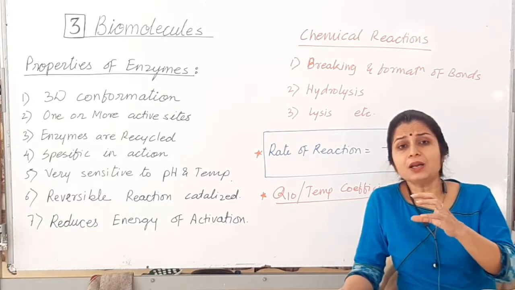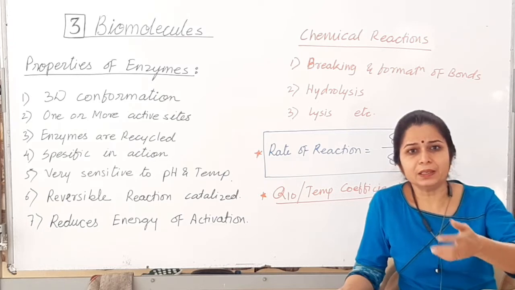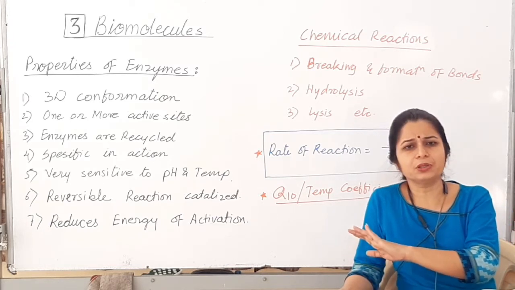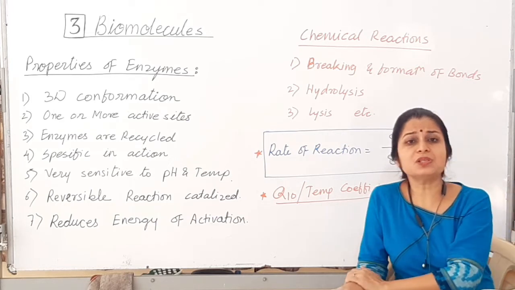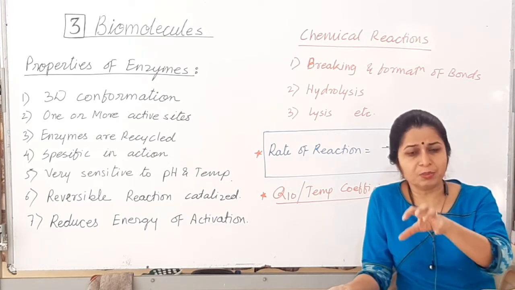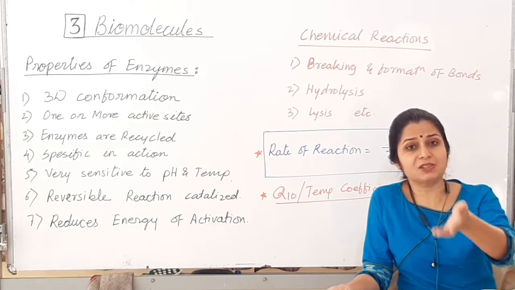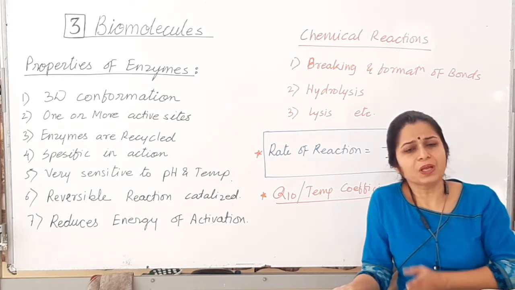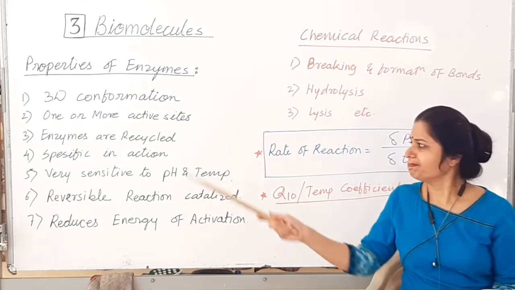Enzymes are not used as a raw material. They are not processed in the chemical reaction. They just make the process happen. They cause the chemical reaction to happen at a faster rate, and at the end of the chemical reaction, enzymes are set free. Hence, they are recycled.